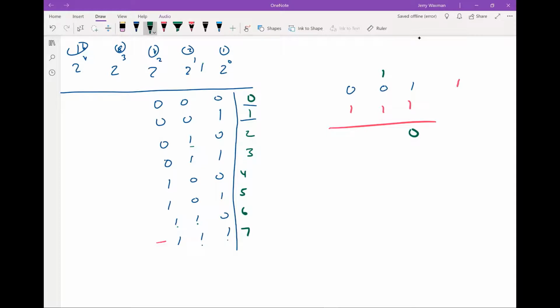And 1 plus 0 is 1, plus 1 again is 2, which is 0, carry the 1. And 1 plus 0 is 1, plus 1 again is 0, carry the 1. But we only have 3 bits, so I throw that one away. And in fact, this really behaves like a minus 1. So if some of these are going to be positive and some negative, and I choose to say this one over here is a 1, then this one over here is going to be a minus 1.